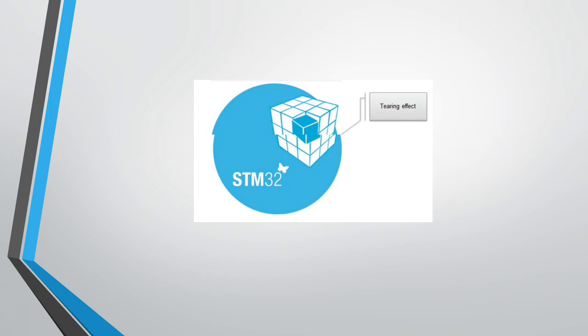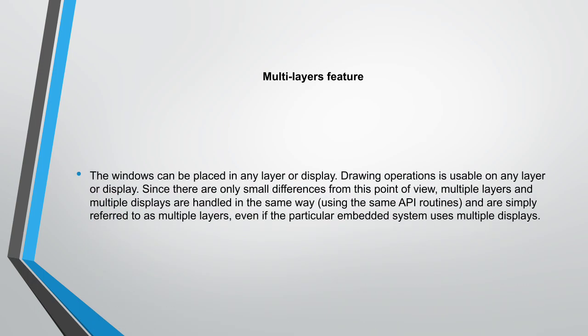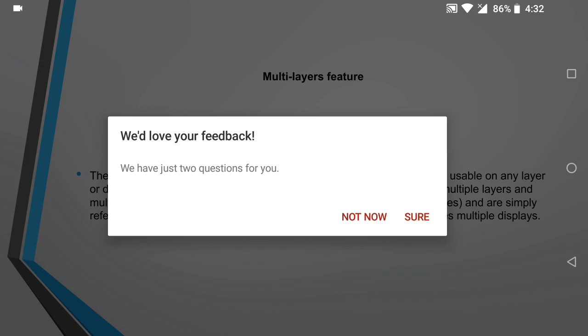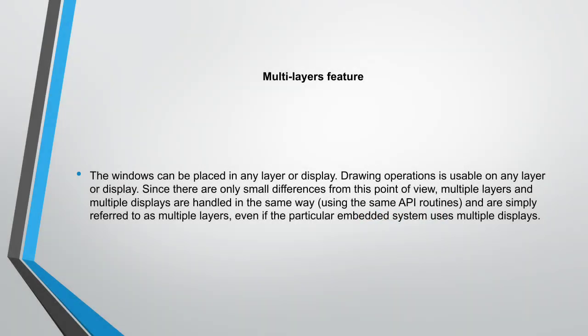Next, coming to the multi-layer features, windows can be placed in any layer or display. Drawing operations are usable on any layer or display. Since there are only small differences from this point of view, multiple layers and multiple displays are handled in the same way using the same API routines and are simply referred to as multiple layers, even if the particular embedded system uses multiple displays.